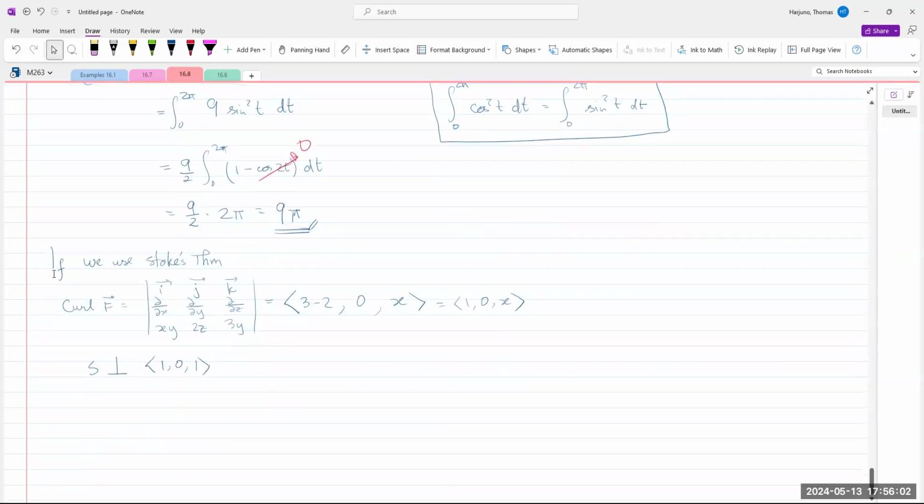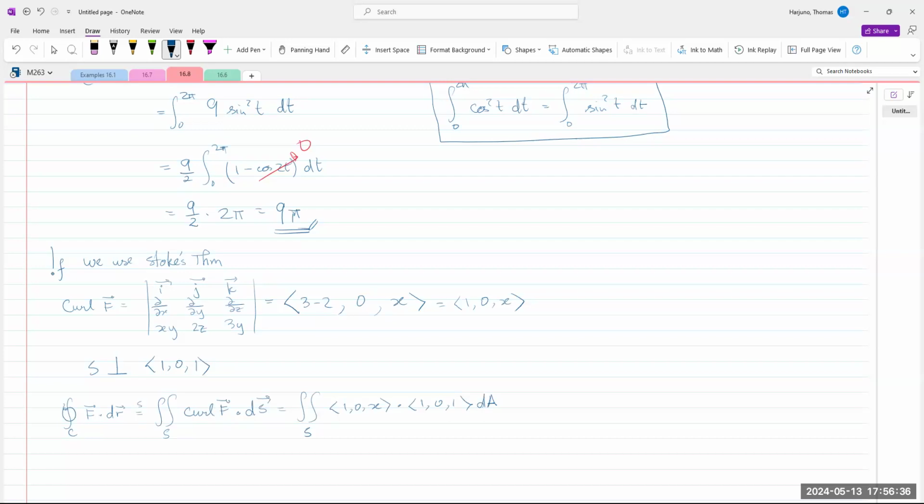Okay, so the integral over closed curve C of F dot dr is, according to Stokes' theorem, the double integral over S of curl F dot dS, which is the double integral over surface S. The curl of F is 1, 0, x, dot 1, 0, 1 dA.